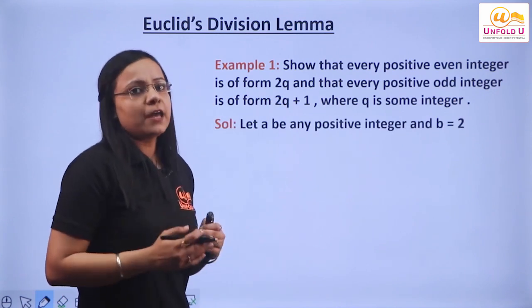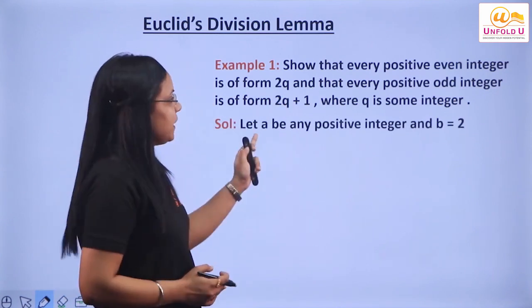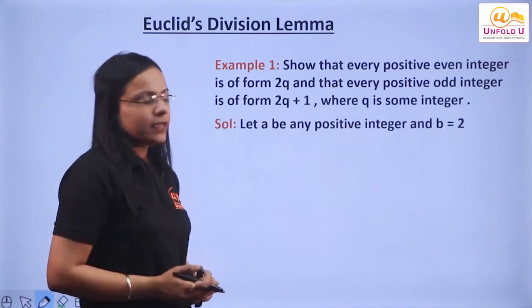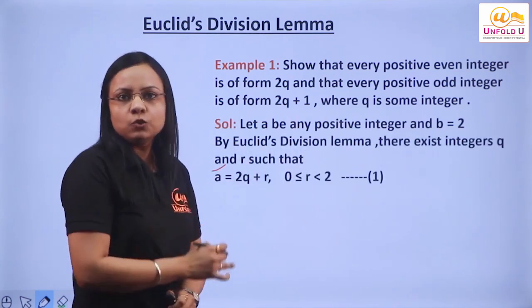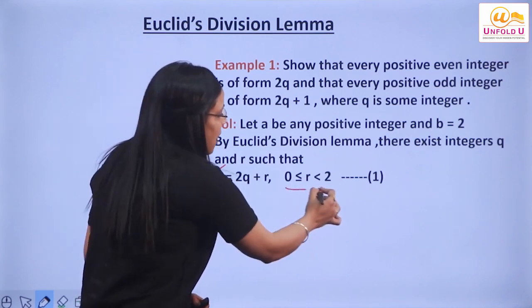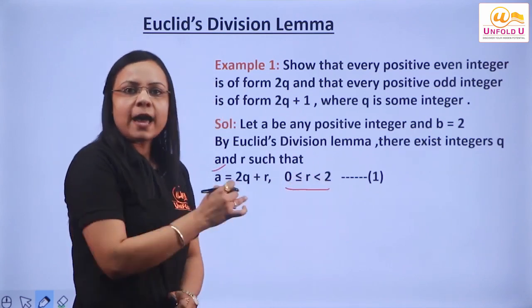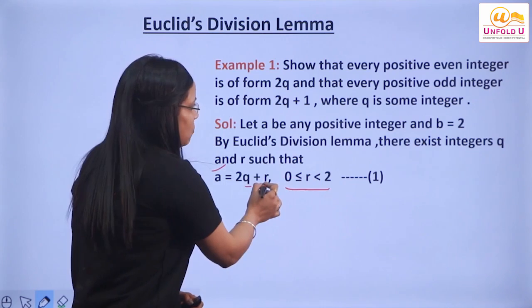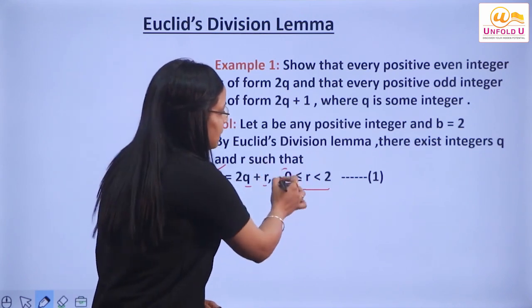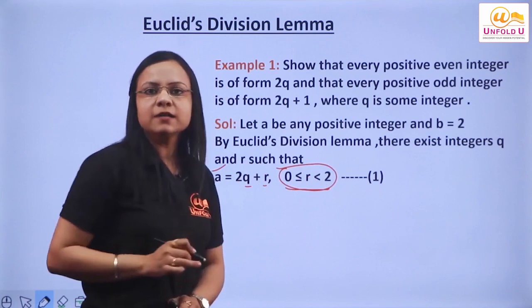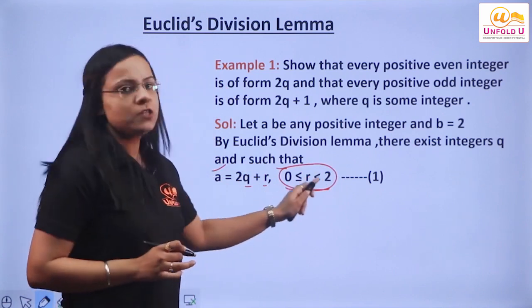So when I apply Euclid's division lemma to the integers a and b, what do I get? We get a is equal to 2q plus r, where r is greater than equal to 0 and less than 2. And this q and r, they are integers. Now what are the possible values of r? r is an integer and it is lying between 0 and 2.